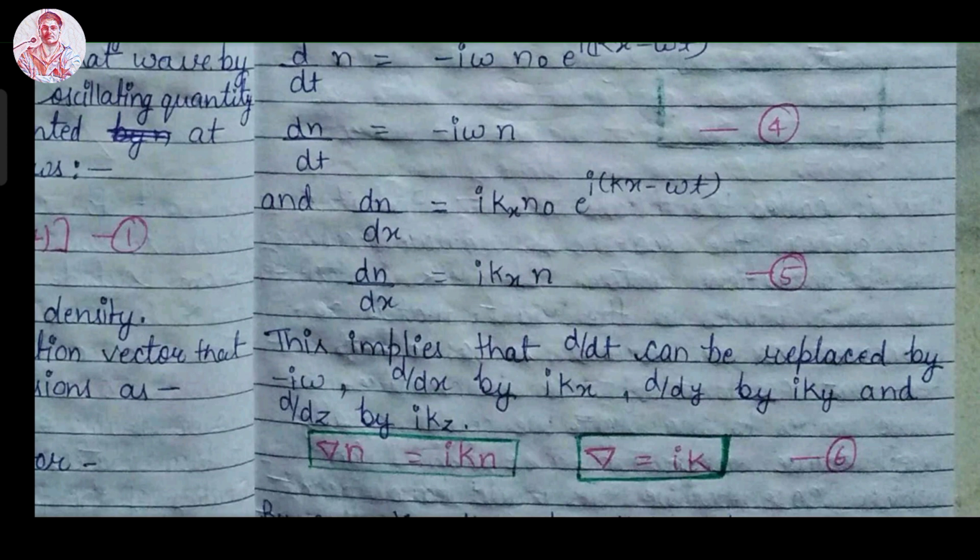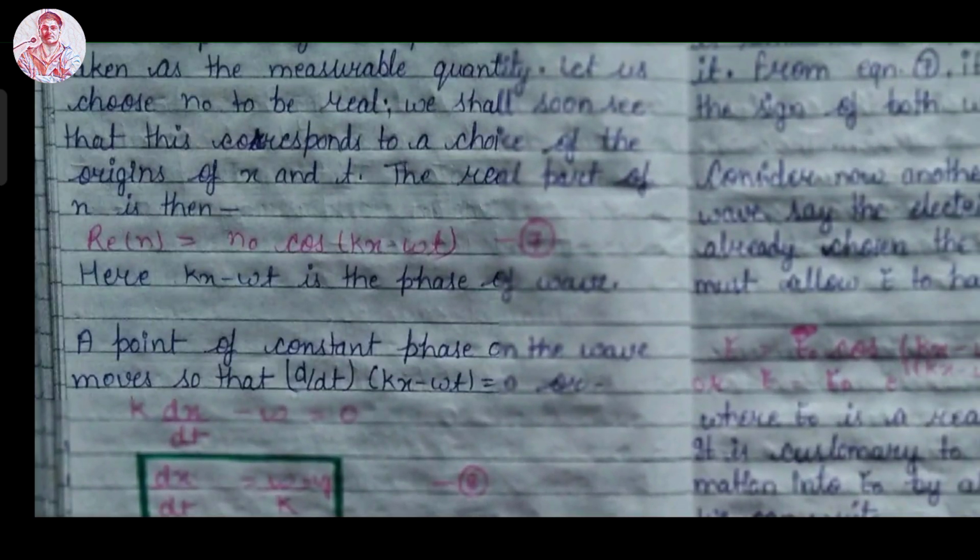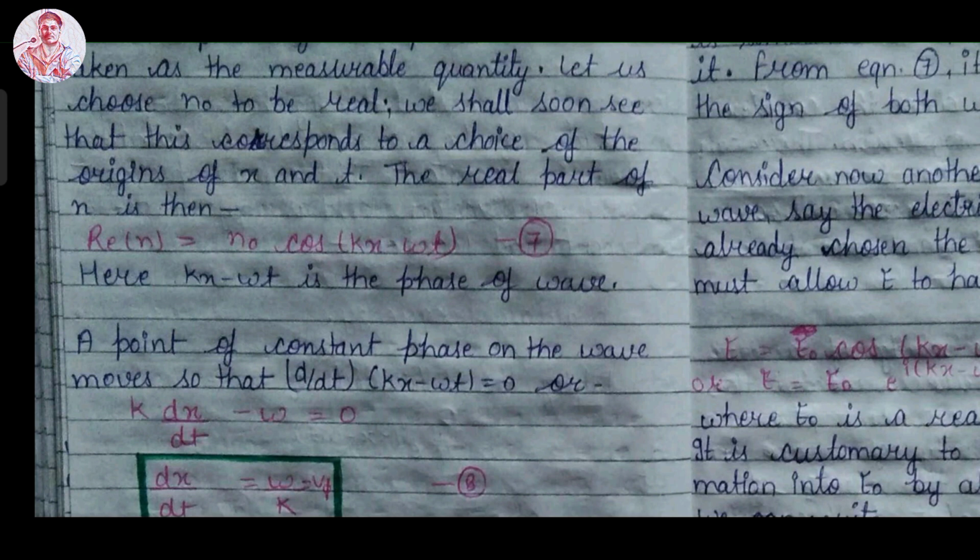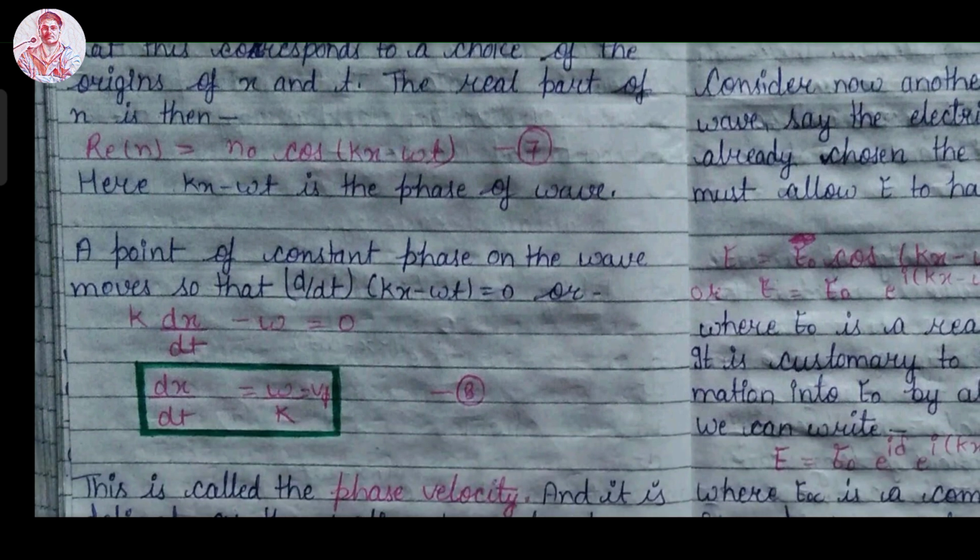Thereafter we have applied the condition for constant phase in the equation. For this, kx − ωt should be constant, meaning the rate of change should be 0 for the condition of constant phase. After differentiating we get k dx/dt − ω = 0. Then we get dx/dt = ω/k, which is the phase velocity.